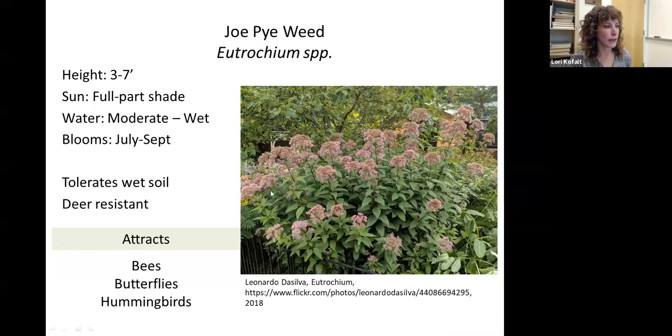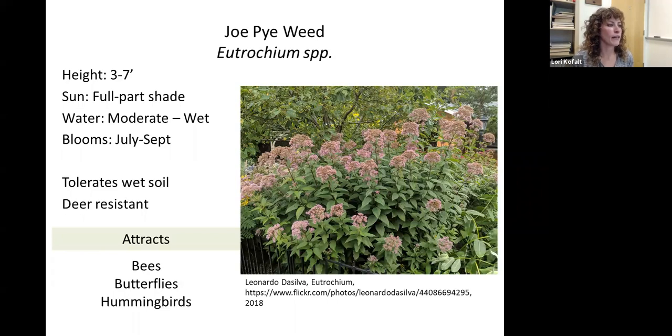And then Pye Weed, depending on the type that you get, you can find smaller varieties, and there are a handful of species that are called Pye Weed that look similar, and they're native, so they're all okay to plant. But it can get up to 7 feet tall.